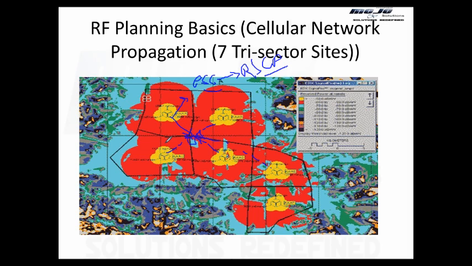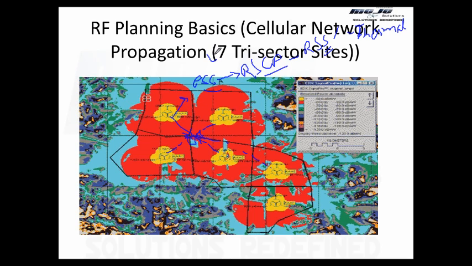But all these are adding up. So all these are interference. So what is this? This is RSSI. On a logarithmic scale, you will subtract RSSI to get the signal. But remember, you should also include the thermal noise, which for simplicity is not included, but thermal noise is part of the calculation for quality.